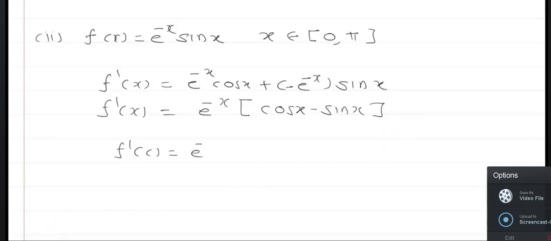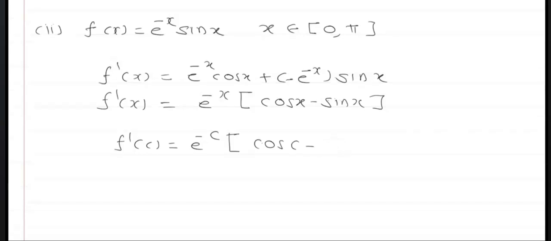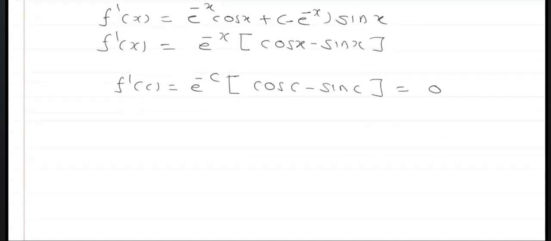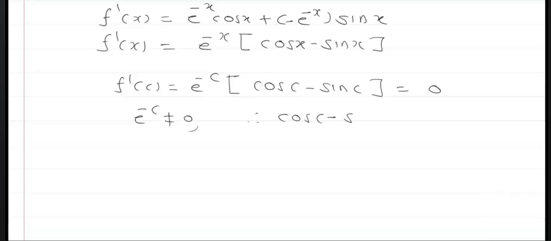f dash of c is e raised to minus c into cos c minus sin c, that is equal to 0. E raised to minus c is not 0, so cos c minus sin c will be 0.